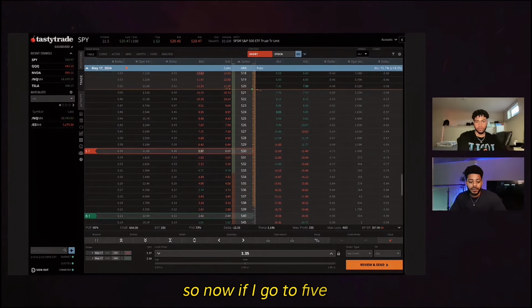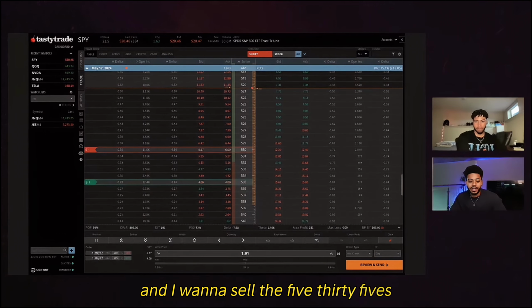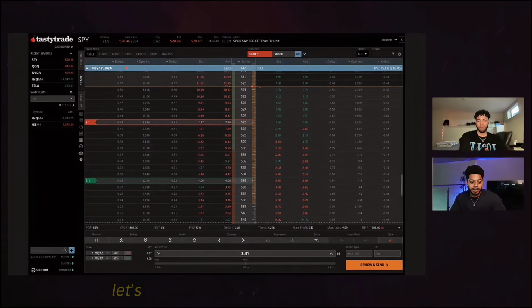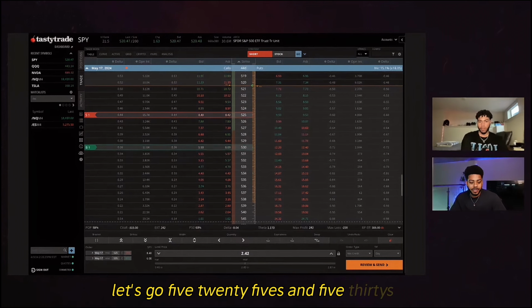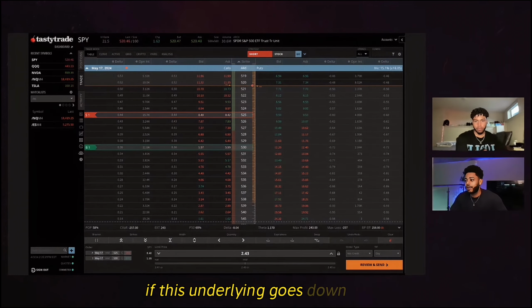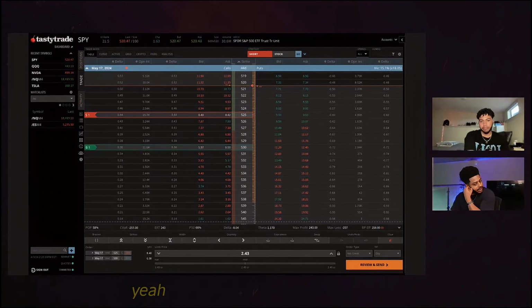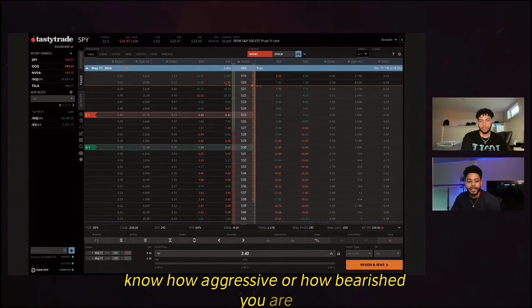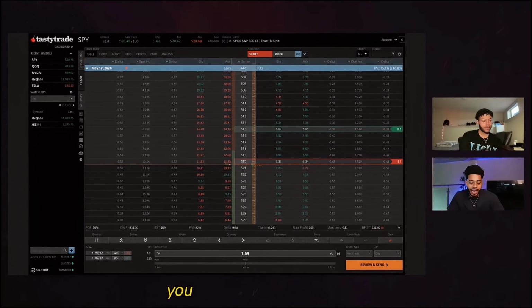Now if I go to 530 and sell the 525s and 530s, how much am I going to make if the underlying goes down $2? $16. Not much of a difference, but it helps you know how aggressive or bearish you are.